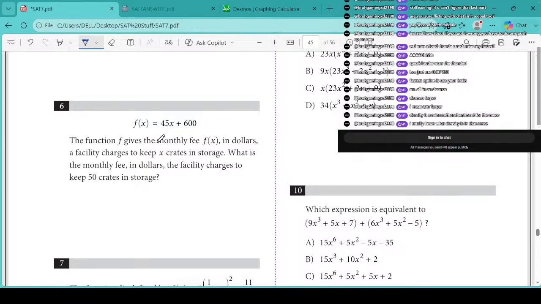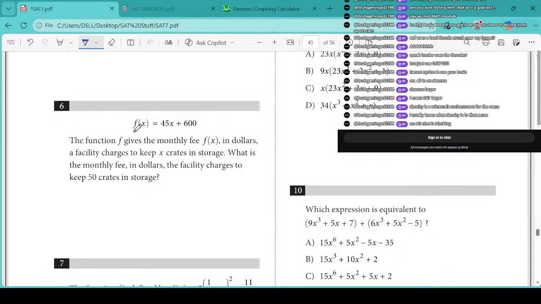A function, so now they're testing you on functions. They give you a function, f of x, which is the dollars for 50 crates. So f of x is the fee and x is the crates.